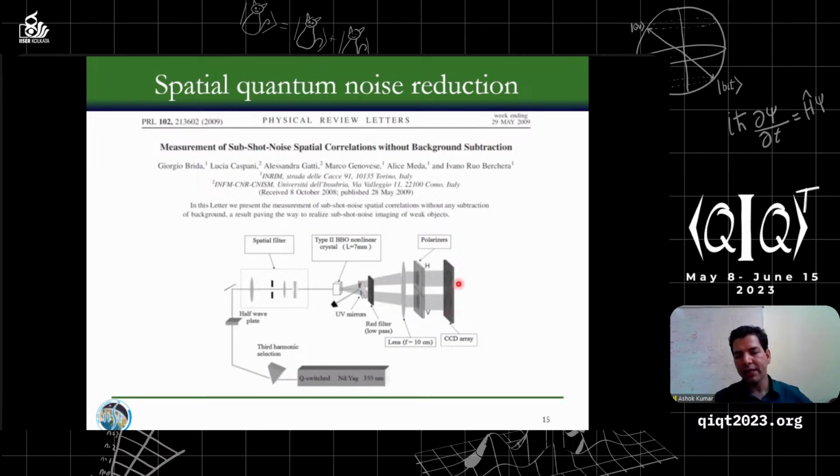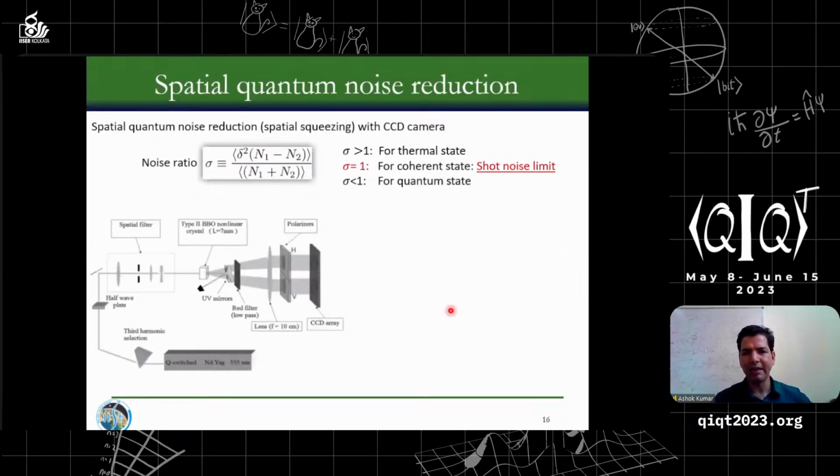And then they said that, since there are position correlations, the manifestation of position correlation could be that if you look at the noise difference, or spatial noise, basically how the photons are arriving at different spatial regions, the spatial noise in these two beams can be cancelled because of these quantum correlations. So what exactly did they do?